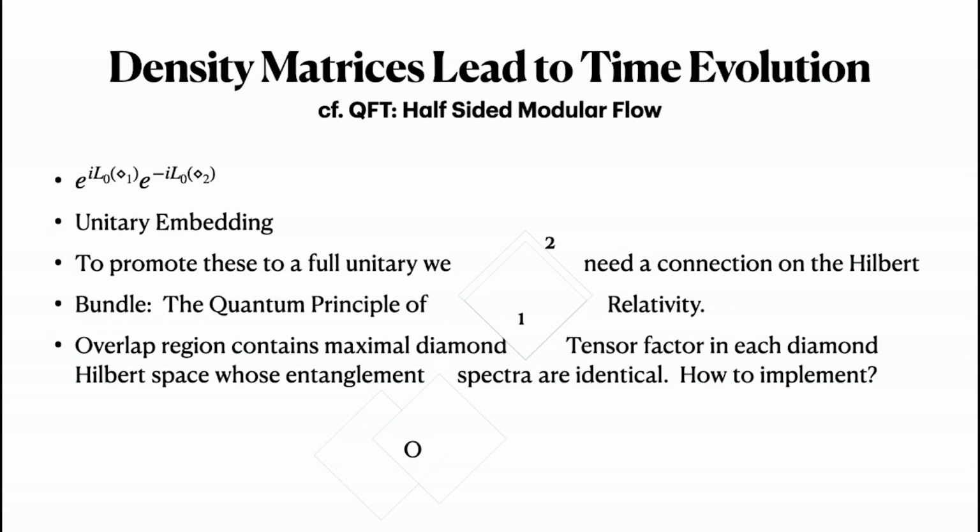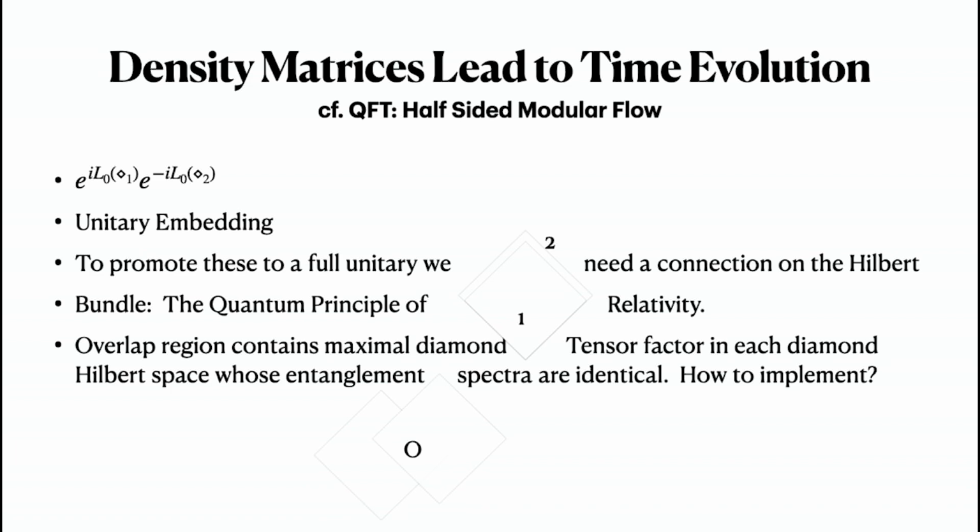The natural hypothesis is that that maximal size causal diamond should be identified as a tensor factor in the Hilbert space of this diamond and also in the Hilbert space of that diamond. And it's a tensor factor of the same dimension. This is a place where it's really important that I'm assuming the Hilbert spaces are of finite dimension, because otherwise you don't know what you're talking about when you say tensor factors.